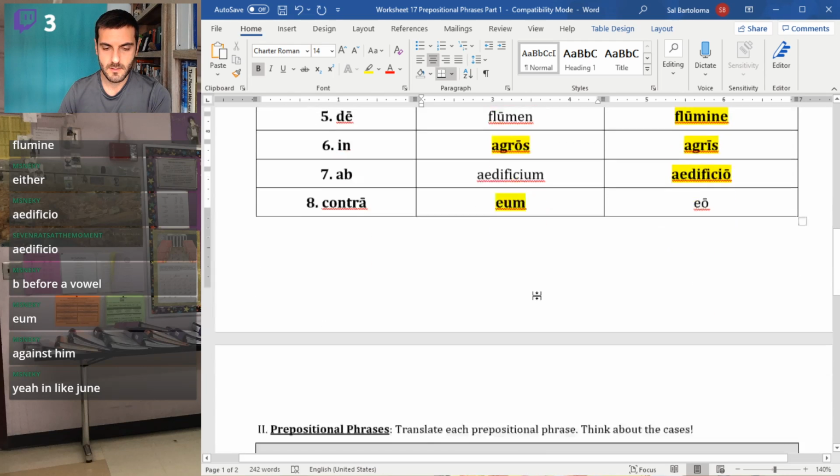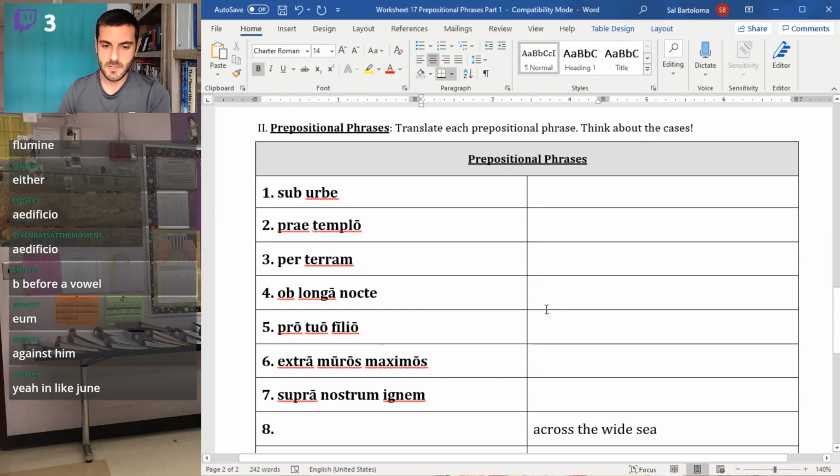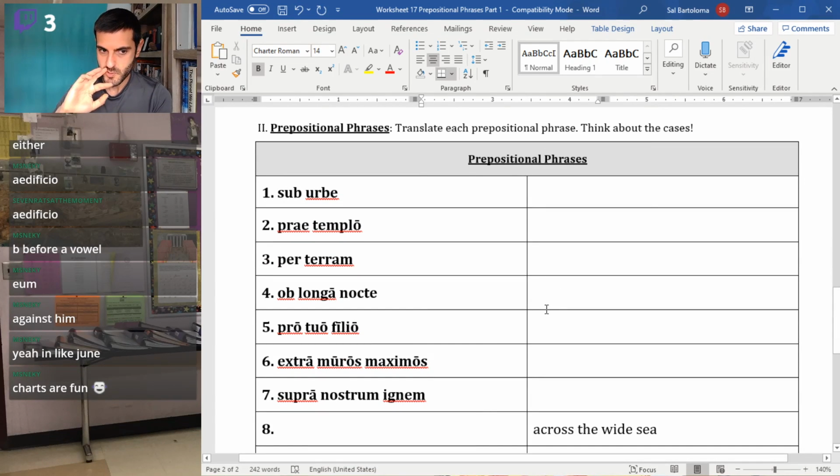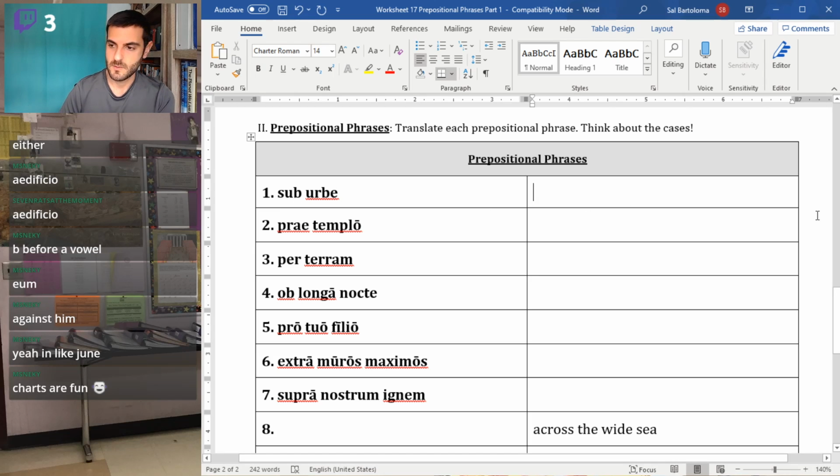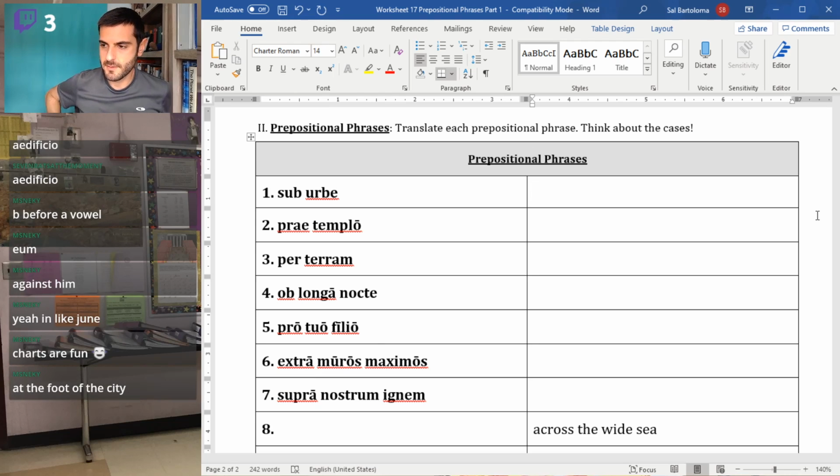All right. Now for these prepositional phrases, the first few going from Latin to English are probably a little bit easier. The endings are already done for you. So sub urbe. Gotta love those charts. Sub urbe. I can think of a couple ways.